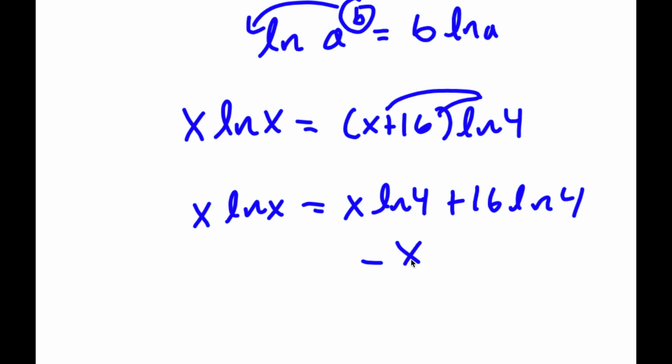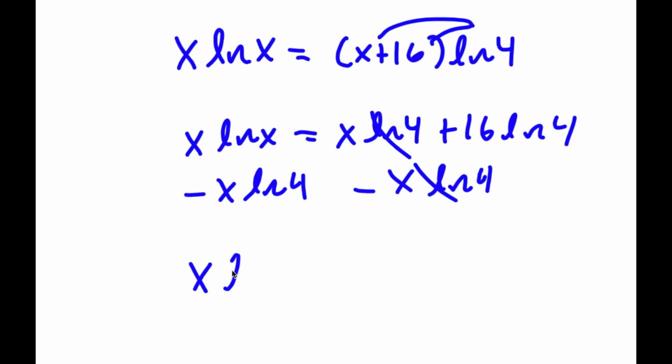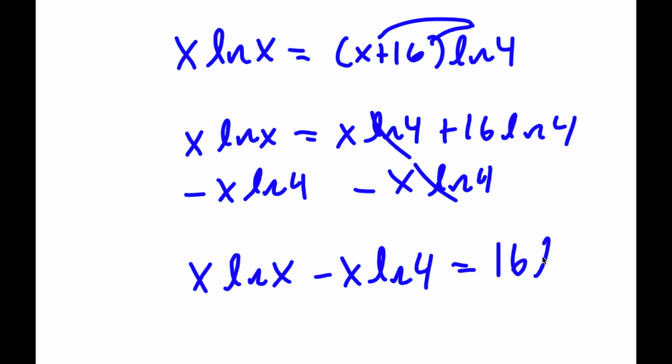Now if I subtract x times ln 4 on both sides, these two cancel out, and I get x times ln x minus x times ln 4 is equal to 16 times ln 4.